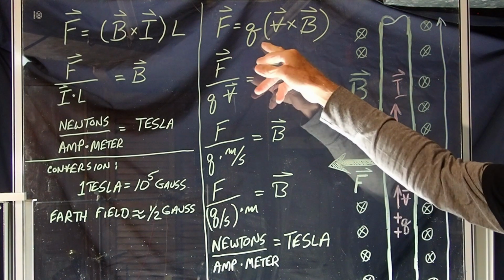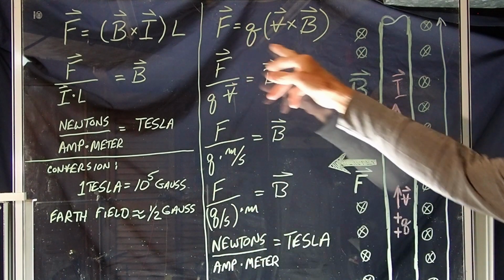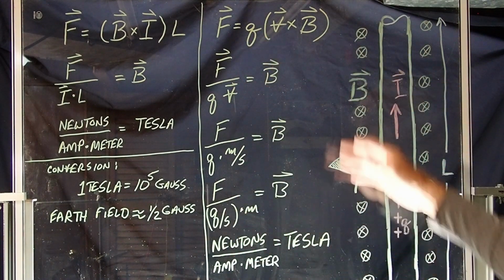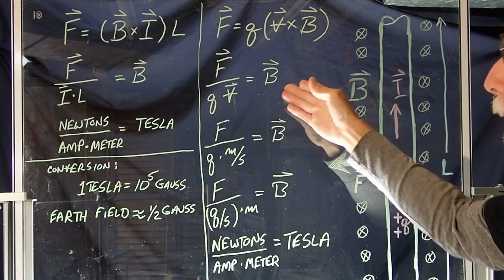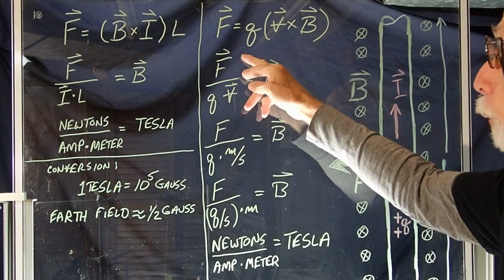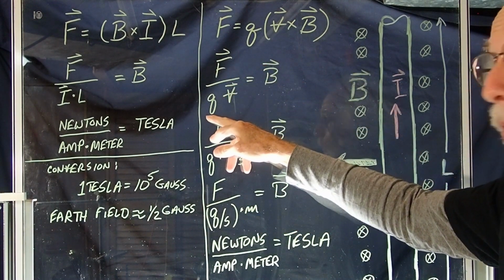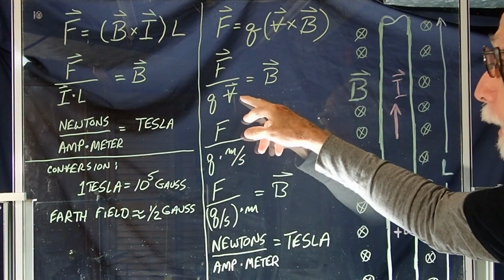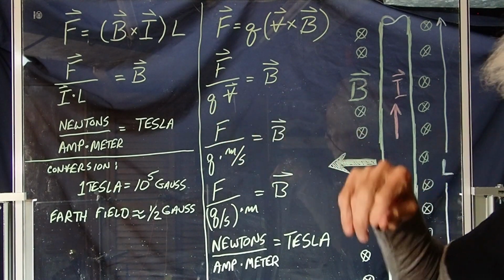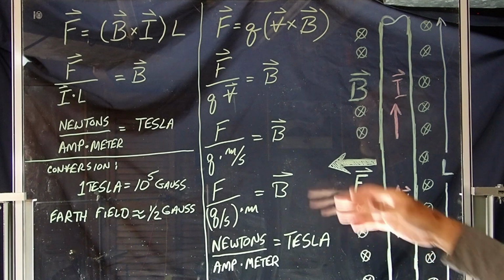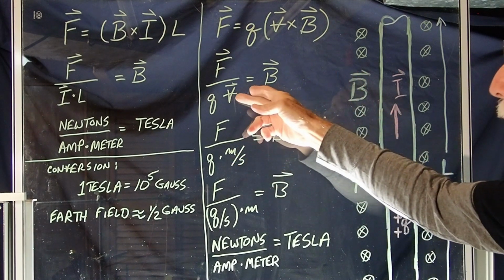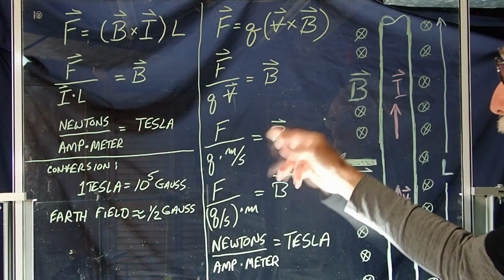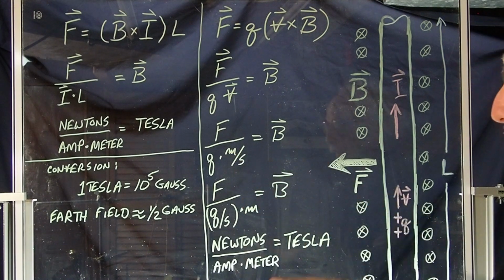What if it's a single charge Q? The formula looked like this as Mary showed it to us. We can once again make B the subject of the equation. We get F divided by charge Q in coulombs times meters per second in velocity. If we look at those units, velocity, of course, is a derived term. Let's put in the meters per second.